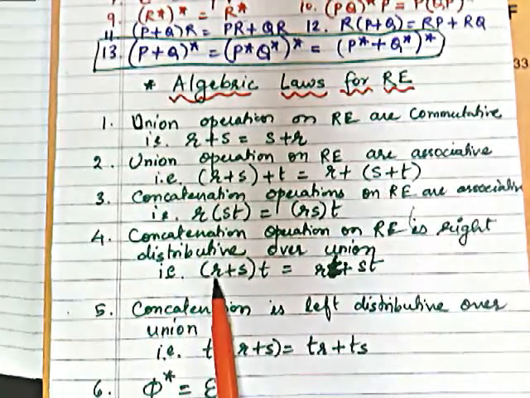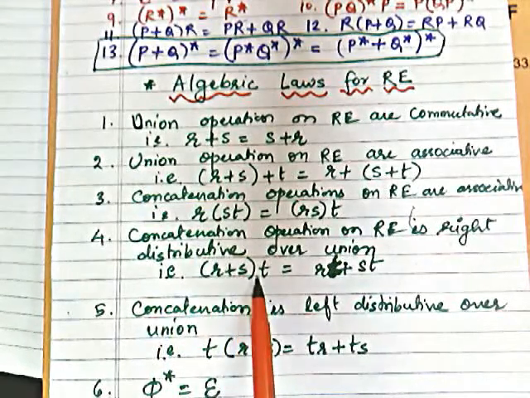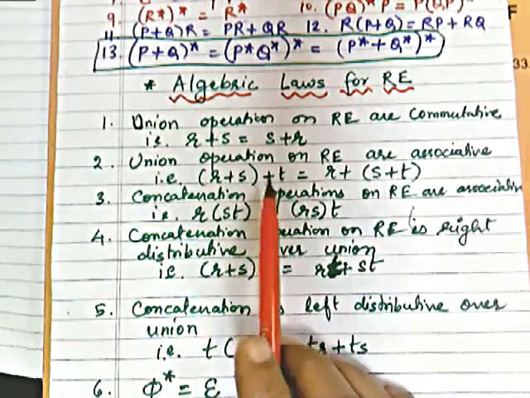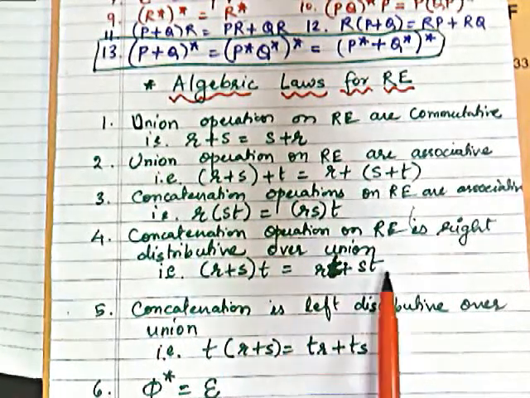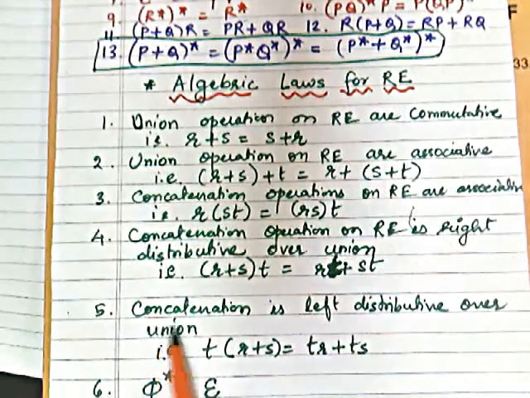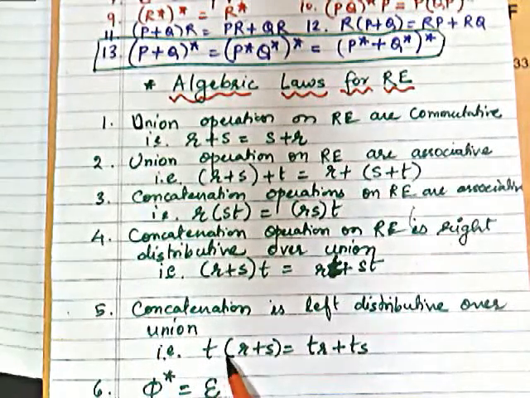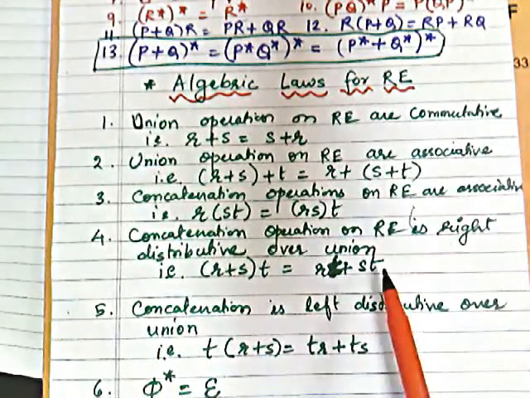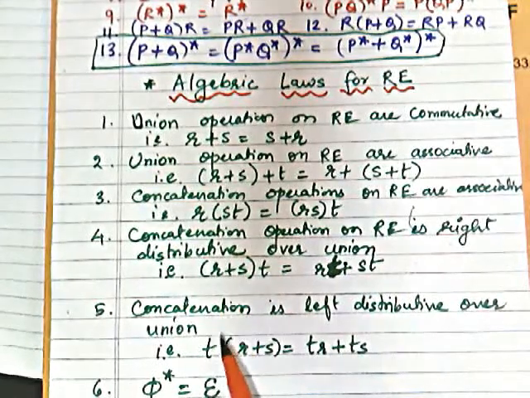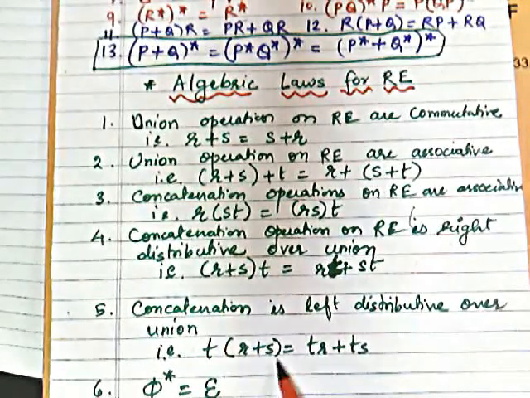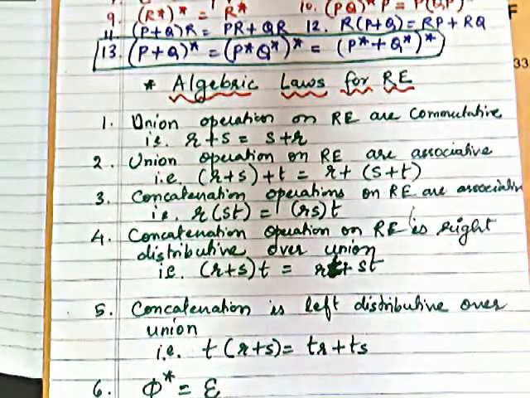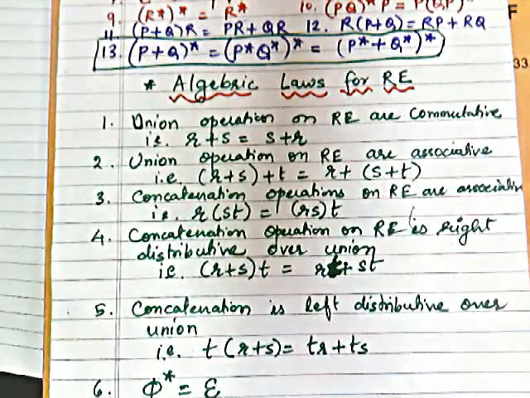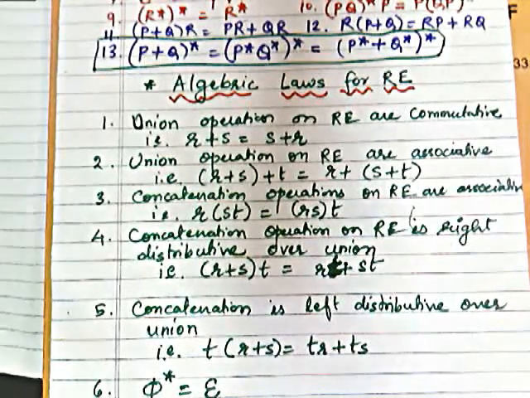If you have (R plus S) dot T, it is equal to RT plus ST. Similarly, concatenation is left distributive over union, that is T dot (R plus S) is equivalent to TR plus TS, and finally phi star is equal to empty.